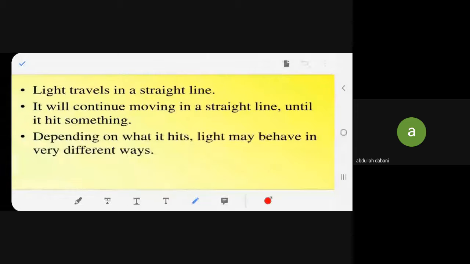For example, if it is hit by a solid, maybe glass, then the rays come here and then get diverted, or get reflected. It can do anything. So depending on what it is hitting, the light will behave differently. Do you understand?